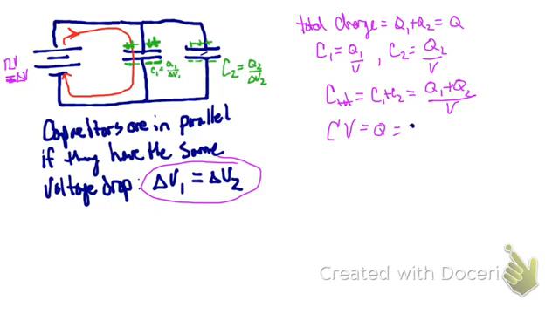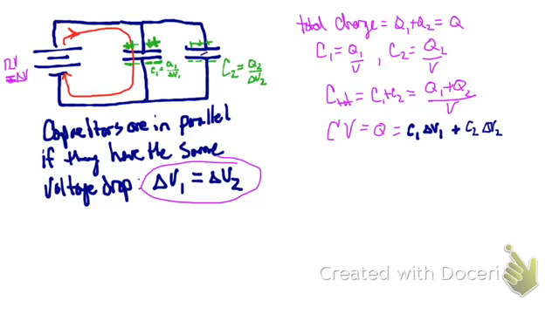We get C1 delta V1 plus C2 delta V2, right?